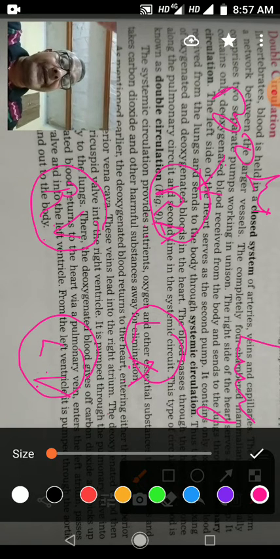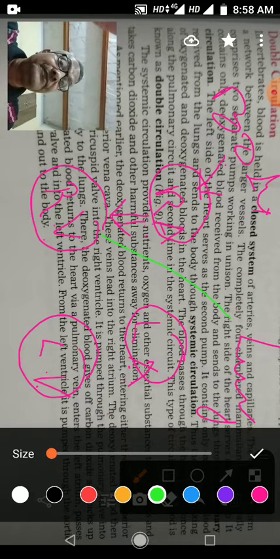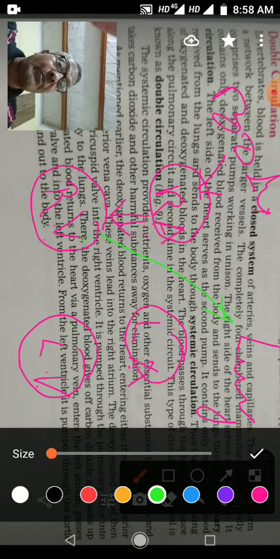Again, from the right auricle, blood is coming into the right ventricle through the right auriculoventricular aperture. Again, from the right ventricle, blood is pumped to the lung. The blood vessel which carries the blood from the right ventricle to the lung is the pulmonary artery.